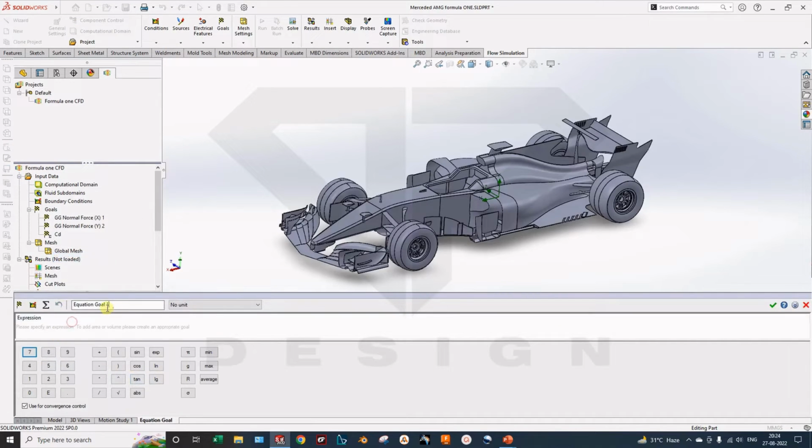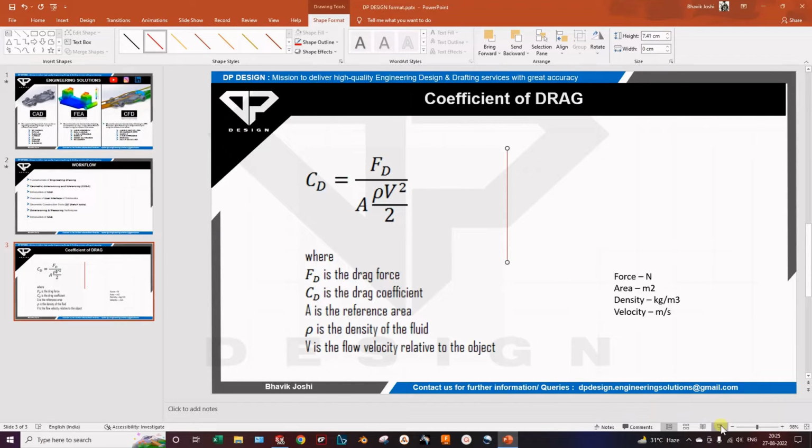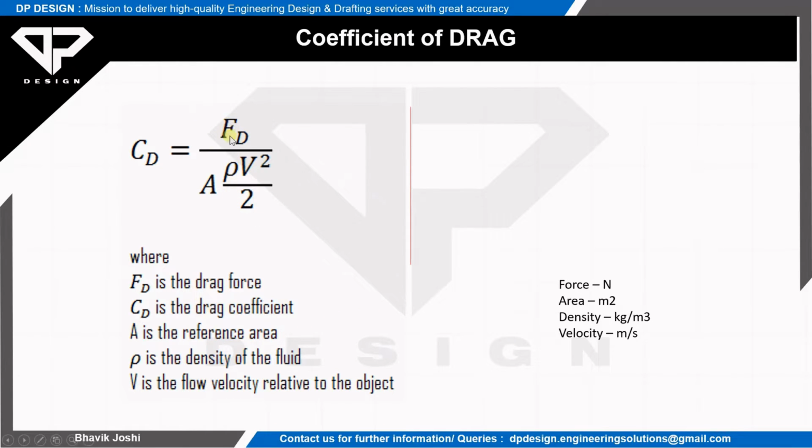In the equation goals, I'm naming it coefficient of drag. Then you can put in 2 into drag force according to this formula. According to this formula, 2 into drag force, my drag force will be in Newton, the area in meter square, density in kg per meter cube, and velocity in meter per second.